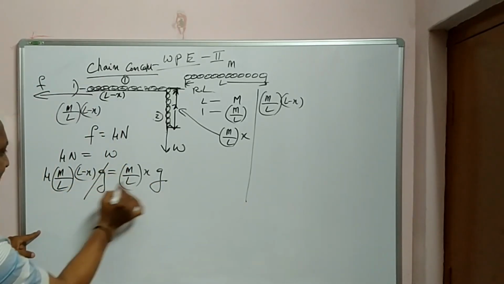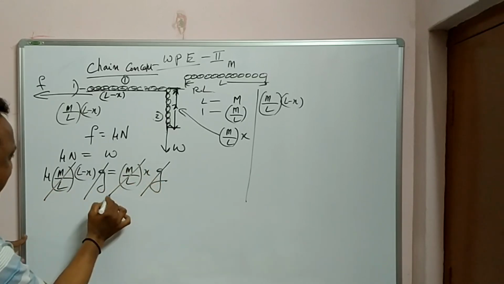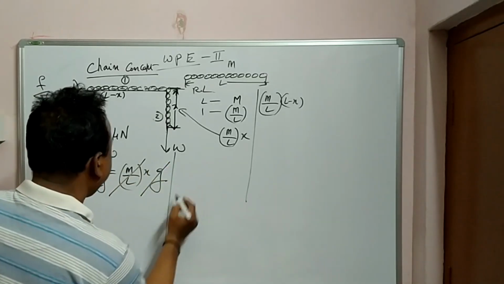Now see, g and g cancel, M by L and M by L cancel.